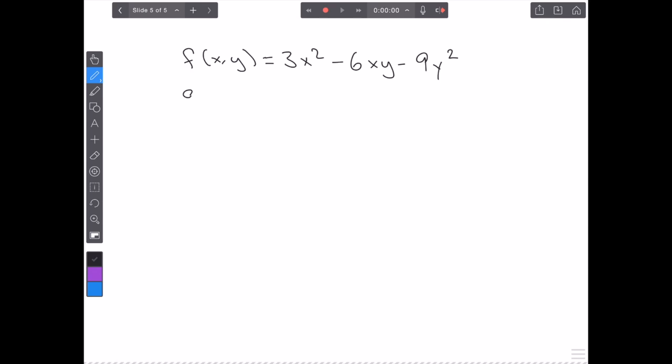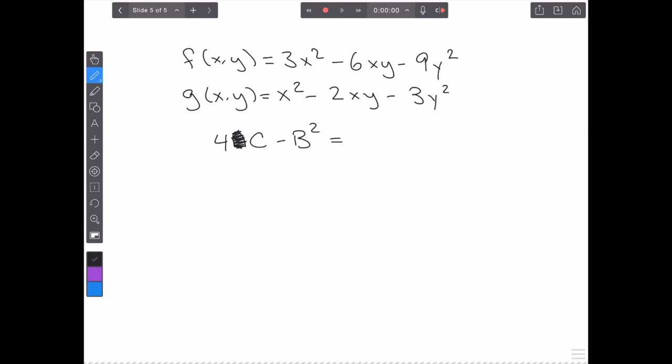And again, it's totally fine to make a function g where we just divide through by 3 so that we get x squared minus 2xy minus 3y squared. And the first thing we want to check is the sign of 4ac minus b squared. Again, remembering that we've designed our modified problem so that a is equal to 1.